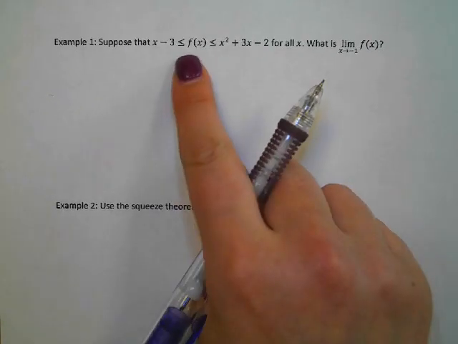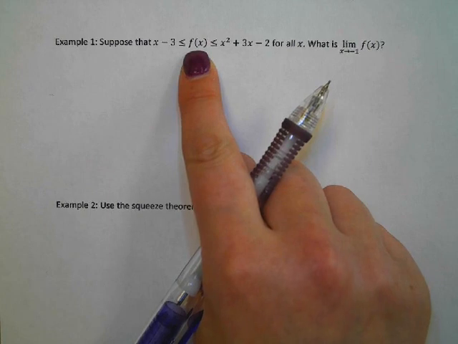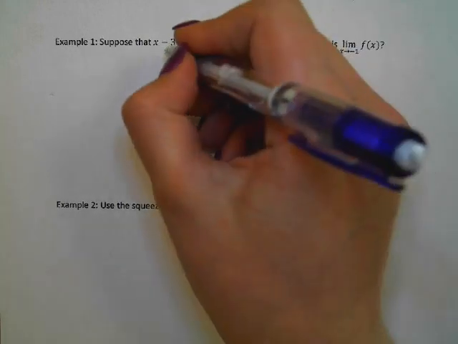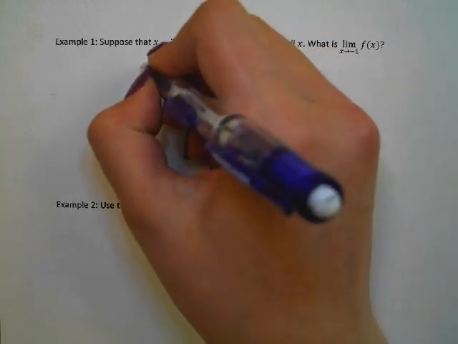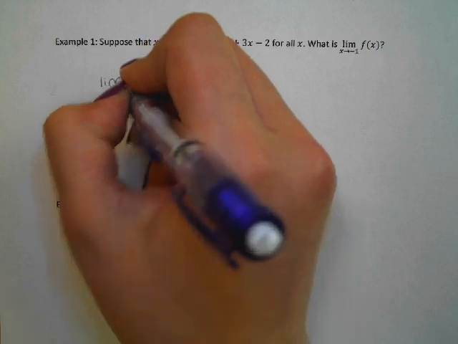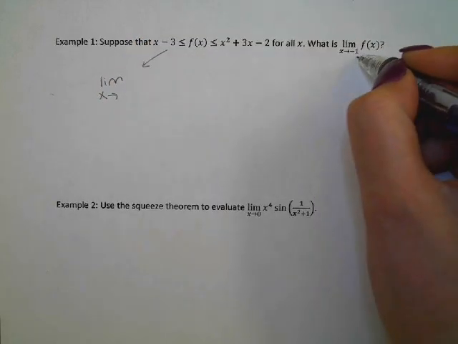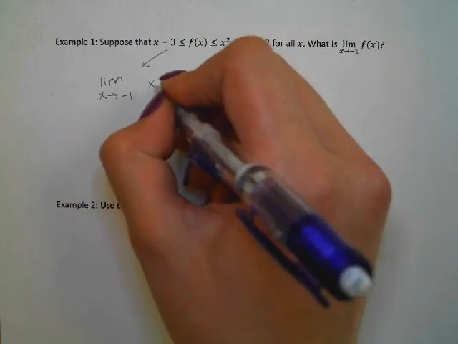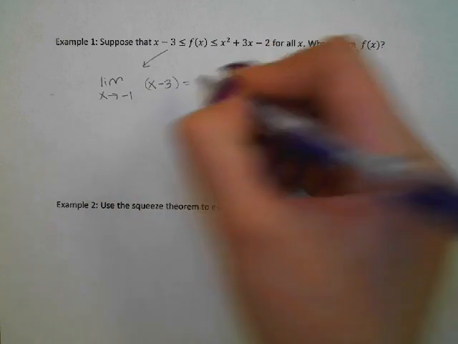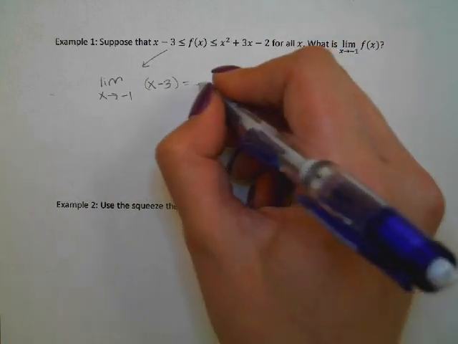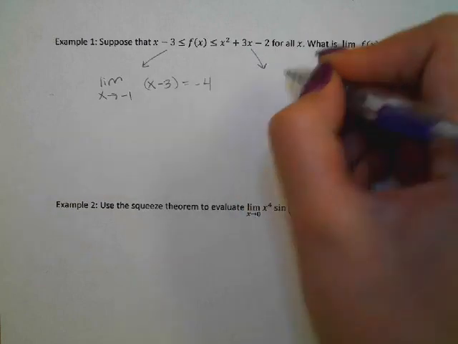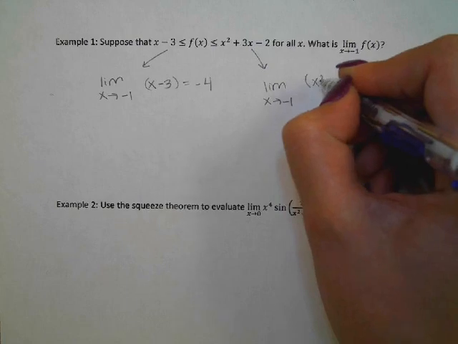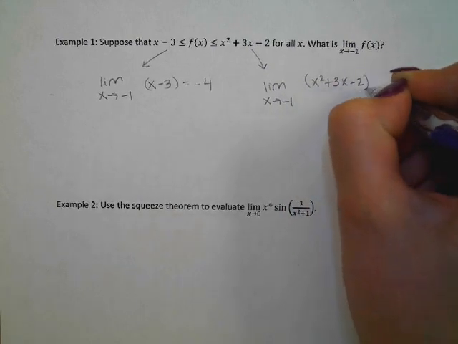So suppose that we can say that some function f of x is in between these two other functions, and we want to know the limit, then we just need to check the limit of each of these functions. So the limit as x approaches that same c value, which in this case is -1, the limit as x approaches -1 of x minus 3 is going to be, I can do direct substitution to get -4. And then over here, I'm going to do the same thing. The limit as x approaches -1 of x squared plus 3x minus 2.